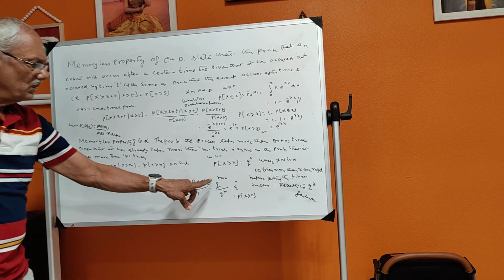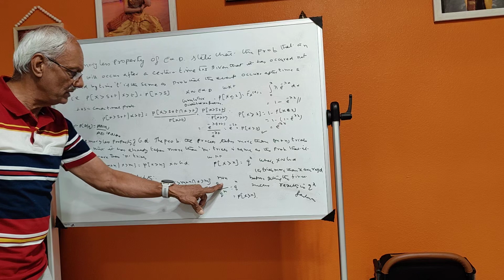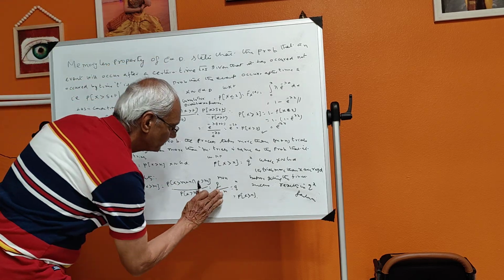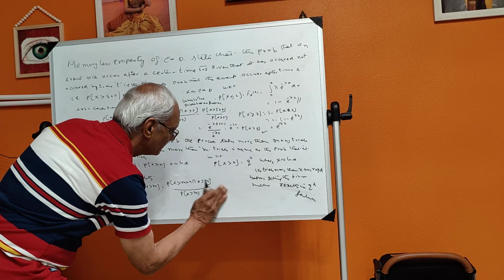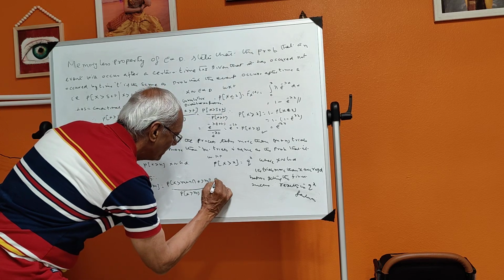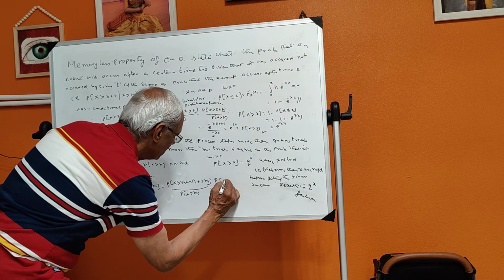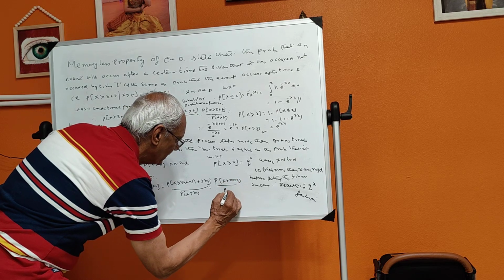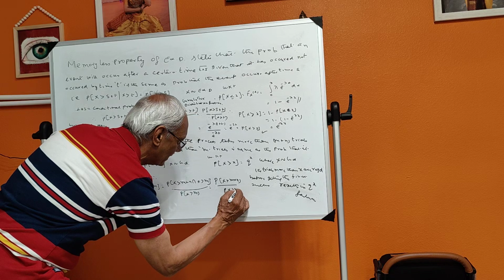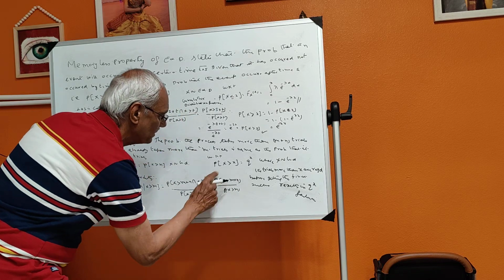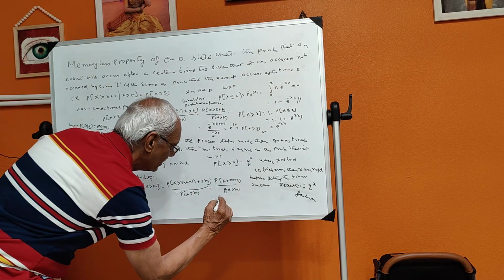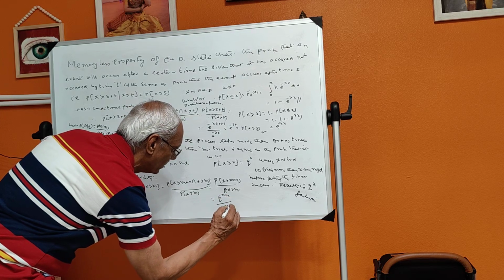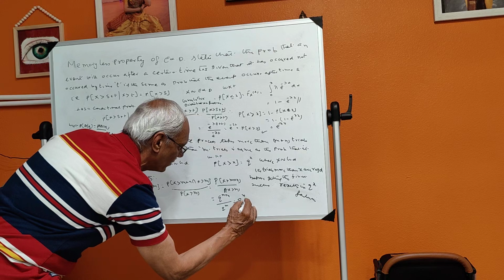This is P of X greater than m plus n divided by P of X greater than m. That is equal to q to the power of m plus n divided by q to the power of m. That is equal to q to the power of n.